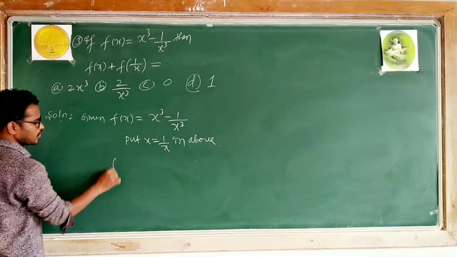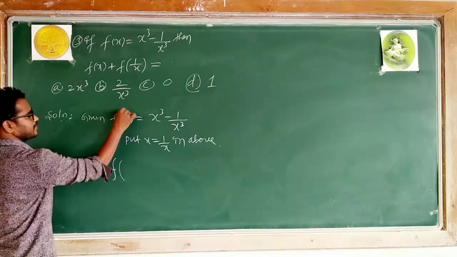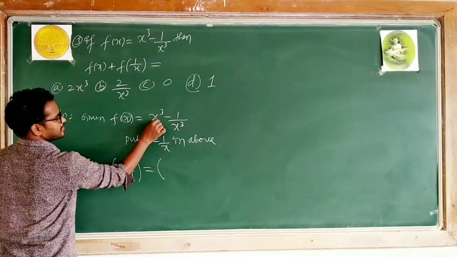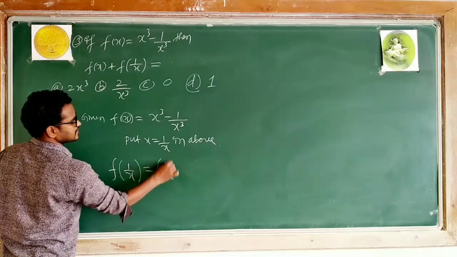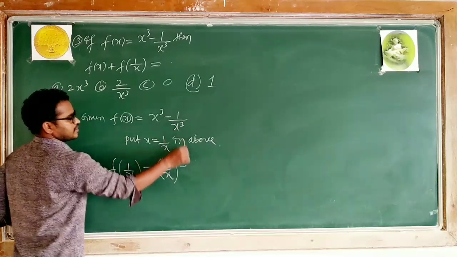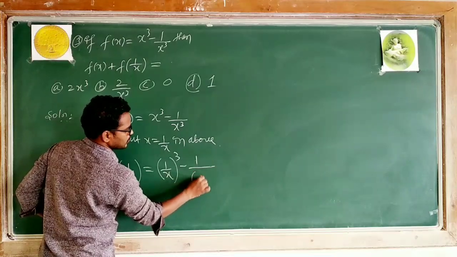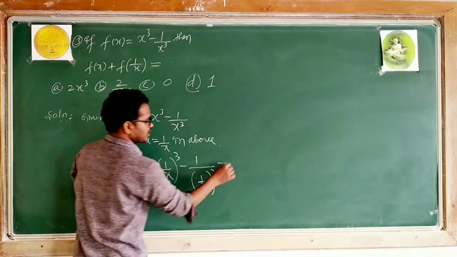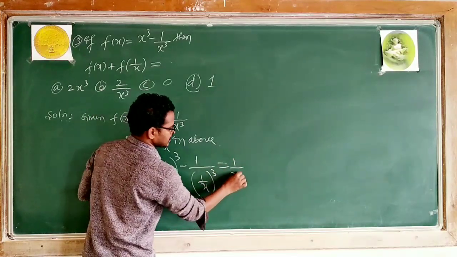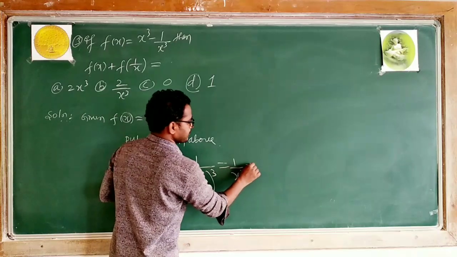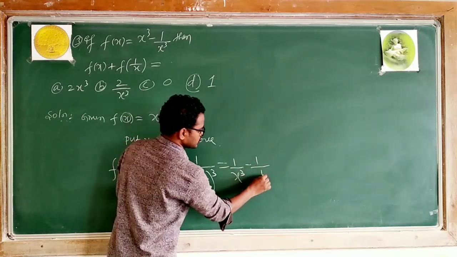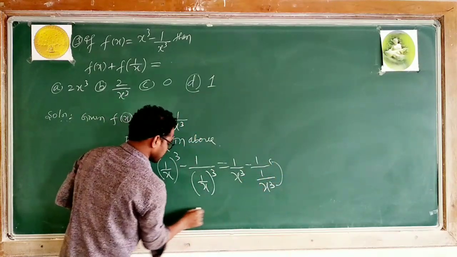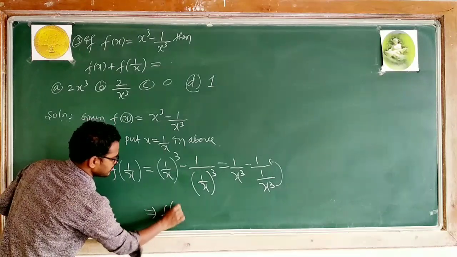Here, in place of x, I am replacing 1 by x. Listen to me. So x becomes 1 by x whole cube, minus 1 divided by 1 by x whole cube. See what happens here: 1 cube is 1, divided by x cube. I can write x cube minus 1 divided by 1 whole divided by x cube. Can I say this will go in the numerator? It implies that, what is the f of 1 by x?